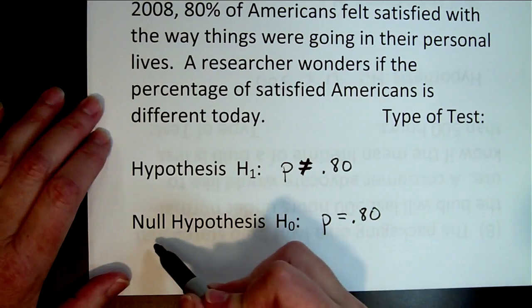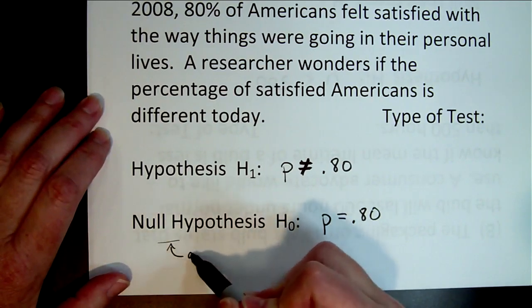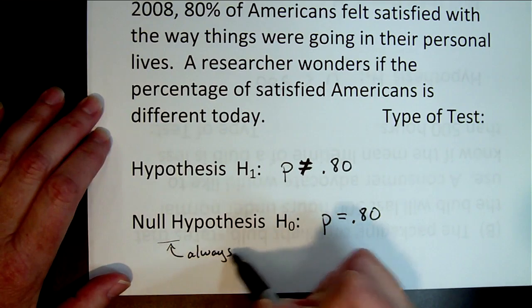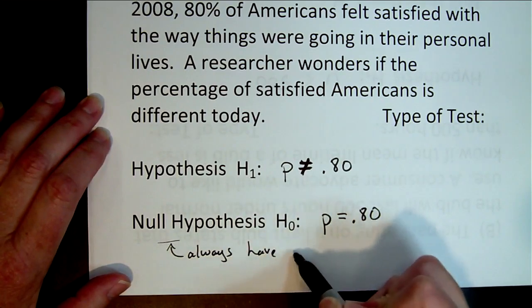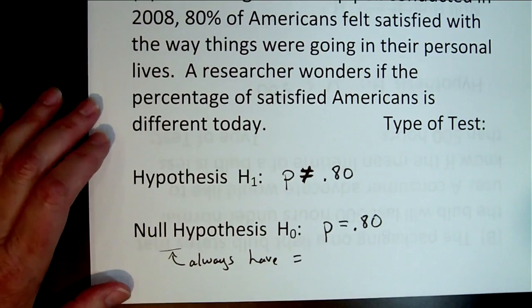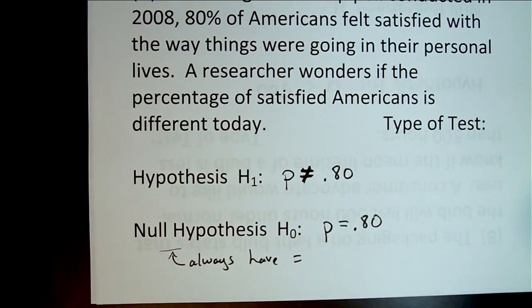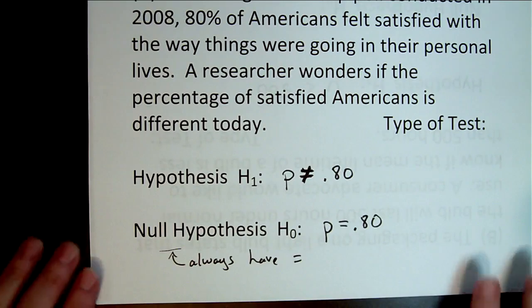The null hypothesis will always have equals in it. So the null hypothesis will always be a statement of equality, okay?